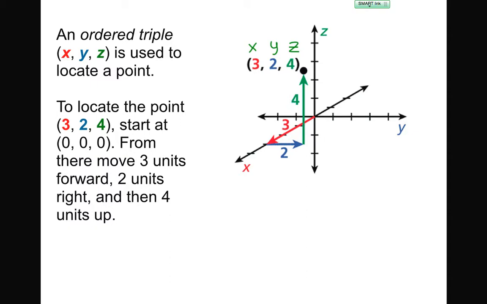The 2 is the y-axis. Would that take you to your left or right? To the right. So forward 3, to the right 2, and then the 4 at the end would be up. So go from here up 4 units. So out in space, the top of my eraser here would be the point 3, 2, 4.